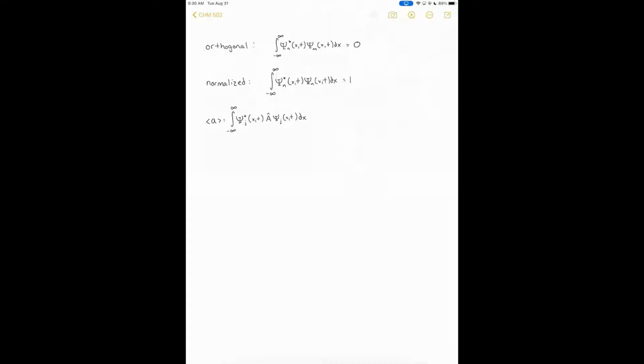All right, to look at these problems and to actually solve this expectation value equation, we're going to want to remember a couple of things. First, our eigenfunctions are orthogonal and also normalized. Remember, our eigenfunctions form an orthonormal set.